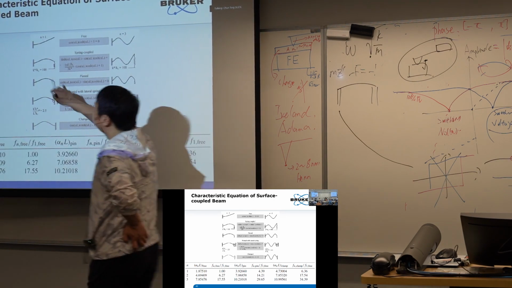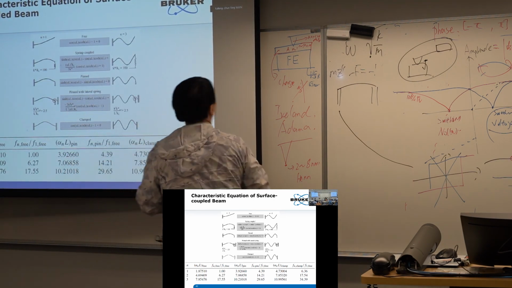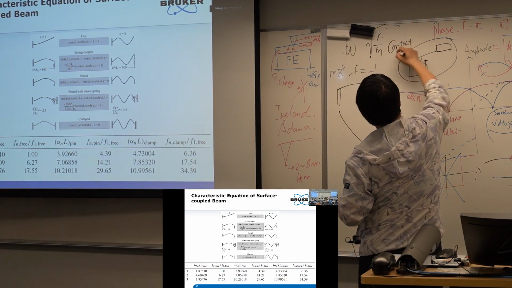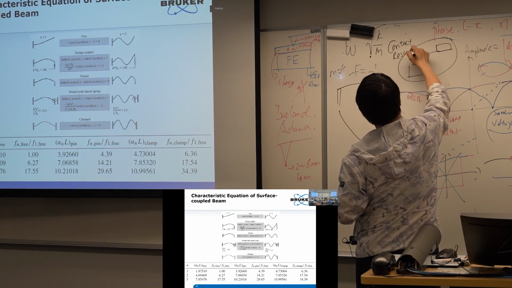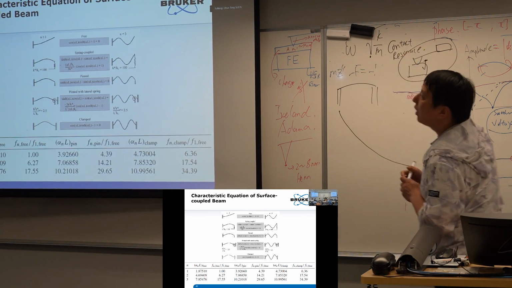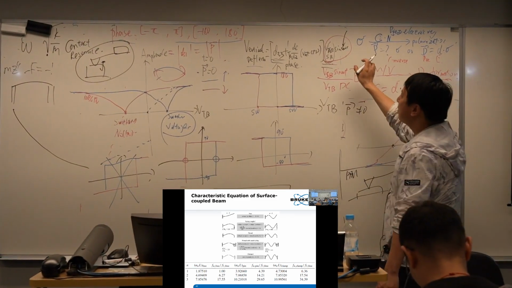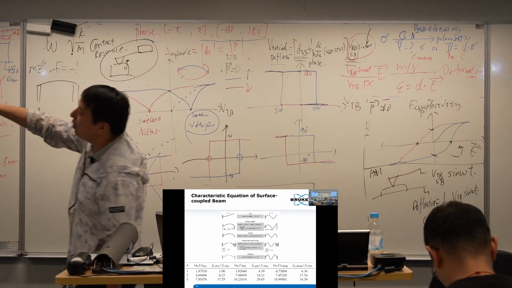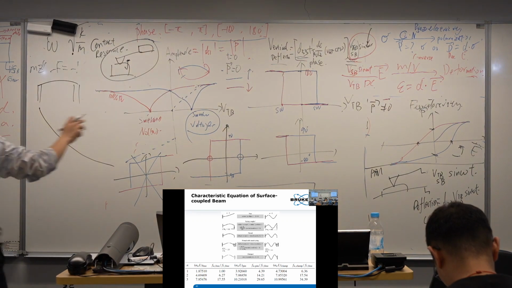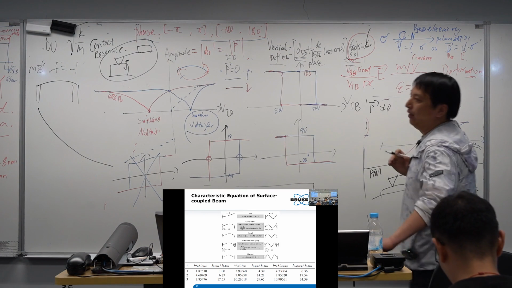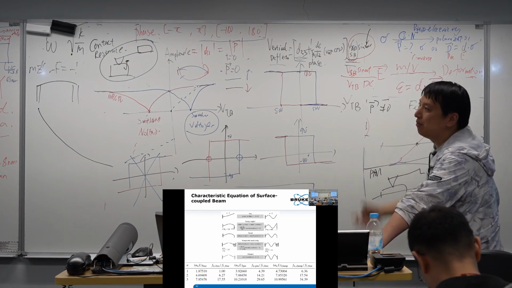And this kind of resonance vibration, we call it contact resonance. If our frequency is just at the contact resonance, then the vibration or the deflection is magnified by Q times.